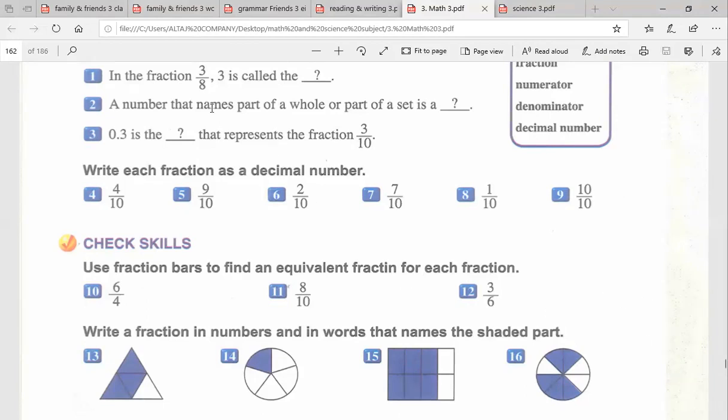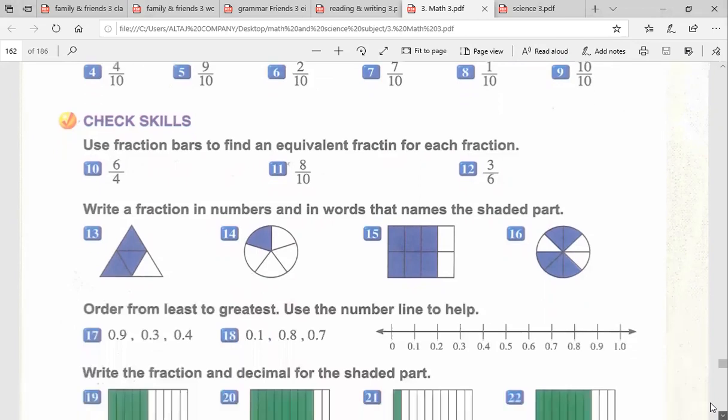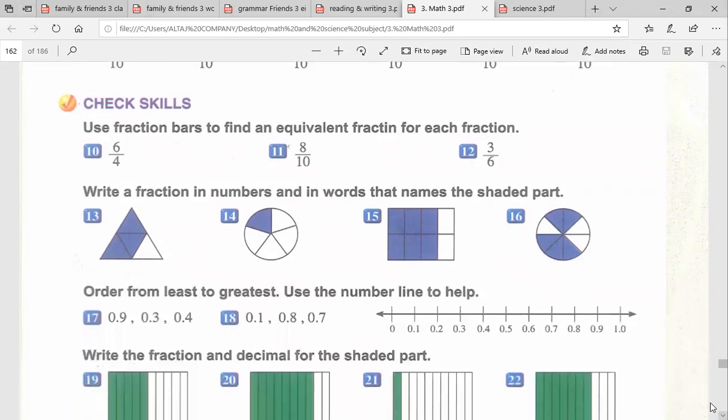Question 13. Write the fraction in numbers and in words and name the shaded part. Here, question 13. We have 1, 2, 3, 4. Okay, so we have 4. And how many parts are shaded? 3.